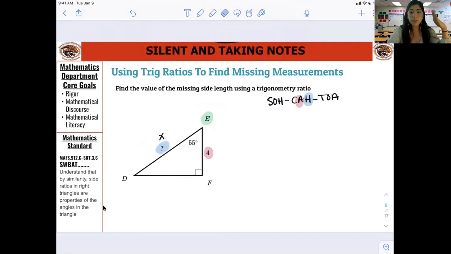So since we're looking for DE or X, I need to use cosine, because that one uses my adjacent as well as my hypotenuse. So the cosine of E is 4 over X. Okay, now I'm going to fill in what I know. I know E is 55 degrees.